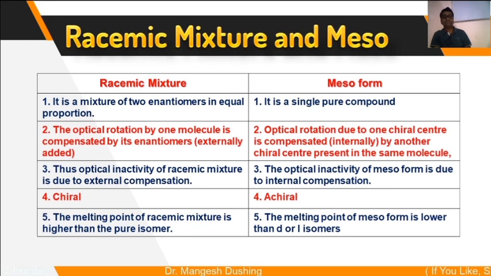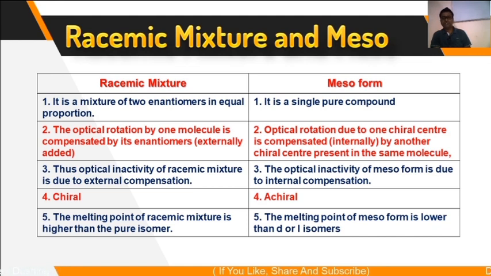We will compare the properties of racemic mixture and meso form. A racemic mixture is a mixture of two enantiomers in equal proportion, while the meso form is a single, pure compound. The optical rotation by one molecule is compensated by its enantiomer, which is called external compensation.